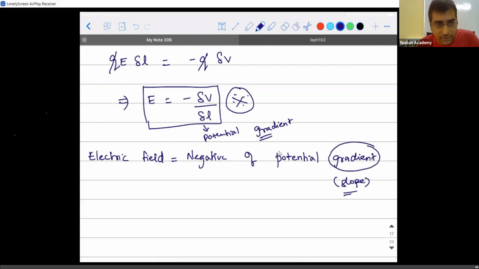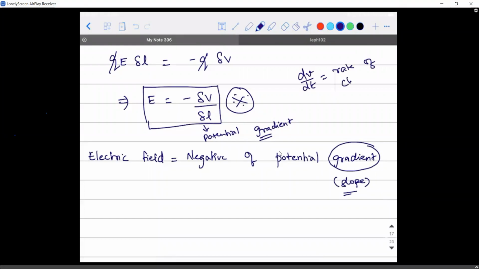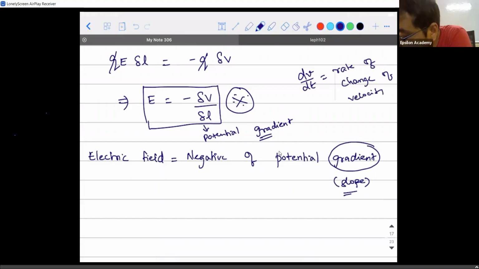So in physics, there are two ways of defining something. If I write dV by dt, where V stands for velocity, you're saying rate of change of velocity, no? So you use the word rate when the denominator is time.